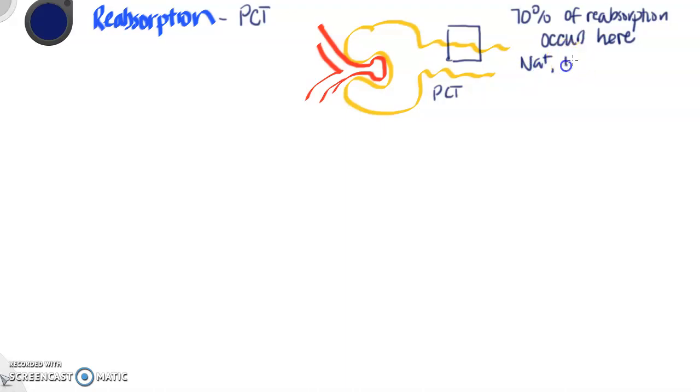Sodium ions, potassium ions, hydrogens, water, bicarb. I mean, we're basically in a 24-hour period absorbing about a pound of bicarbonate, amino acids, glucose, all kinds of things.